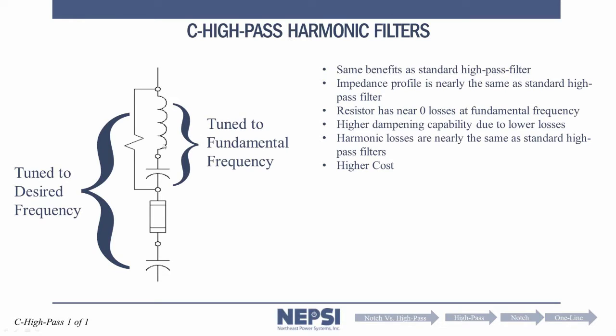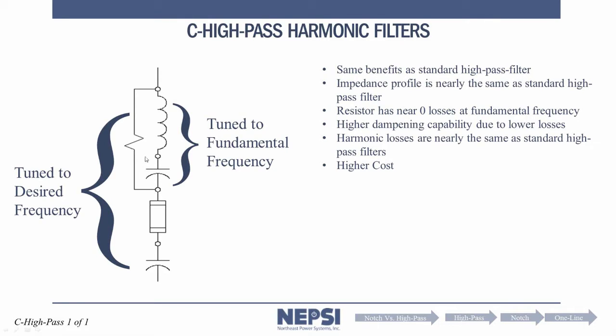And this filter, basically what goes on is we have a branch within the filter of the tuning reactor, X of L, and what we call the aux capacitors, X of C, or X of C aux. These two values are tuned to the fundamental frequency. So as you apply fundamental frequency voltage on this reactor, the X of L and X of C are tuned to 60 Hertz, and therefore there is no impedance in this network, or it is very low, and therefore there are no losses here.